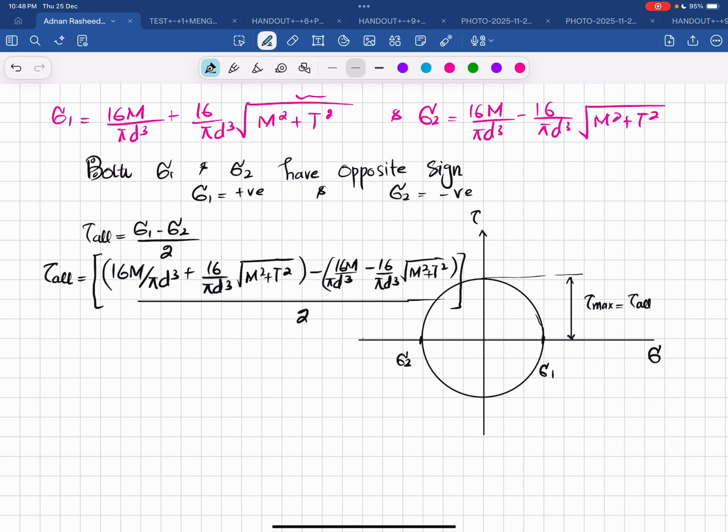Now you can see when this minus will multiply with this, it will be minus and minus, so this becomes plus, and the 16m terms cancel.